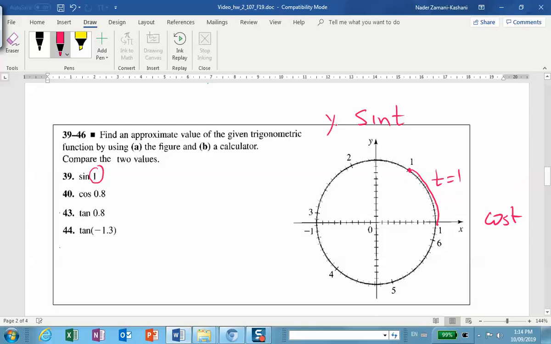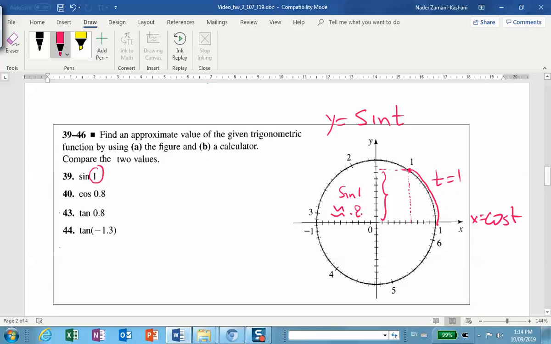Now, if I estimate this, I want the vertical distance, so I go down, down, down until I hit this, and we find out what exactly this is. This is going to be sine of 1, and if you count it and eyeball it, it is approximately 0.8.